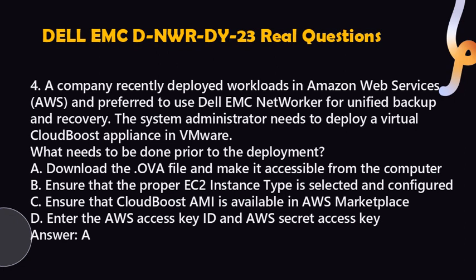A. Download the OVA file and make it accessible from the computer. B. Ensure that the proper EC2 instance type is selected and configured. C. Ensure that CloudBoost AMI is available in AWS Marketplace. D. Enter the AWS Access Key ID and AWS Secret Access Key. Answer: A.